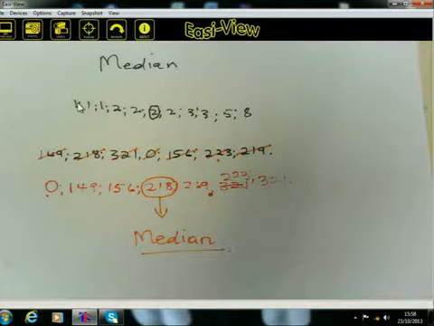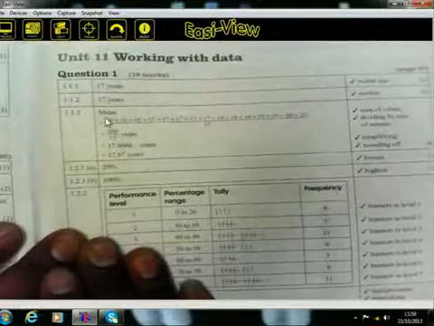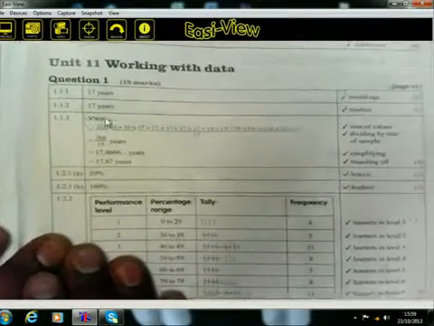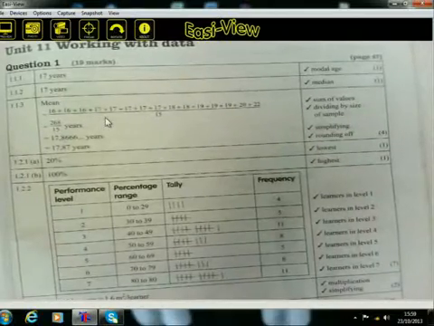We said the mean is the sum of all the data divided by the number of items. Now, let us check. Did you get it correct?